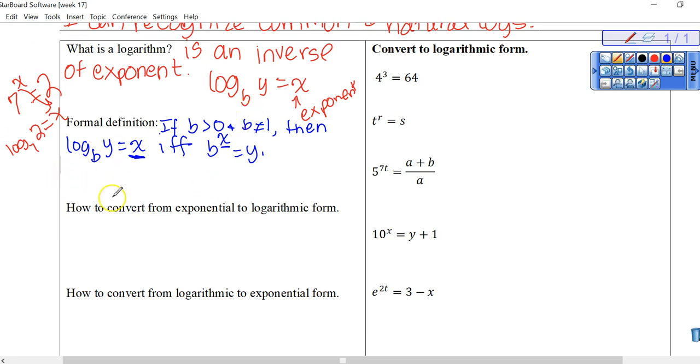Let me just have you write this down. When you see this statement, log base b of y, here's what it means.